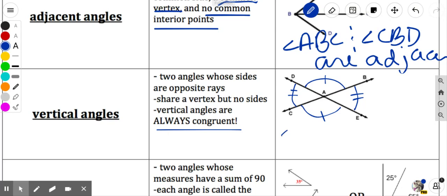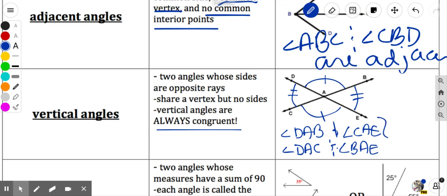So it would be that angle DAB and angle CAE. That's one pair of vertical. And then angle DAC and angle BAE. So these are vertical. And they're always equal in measure.